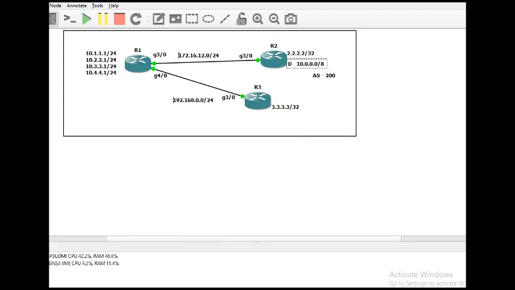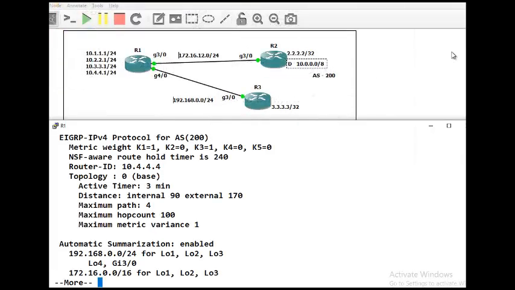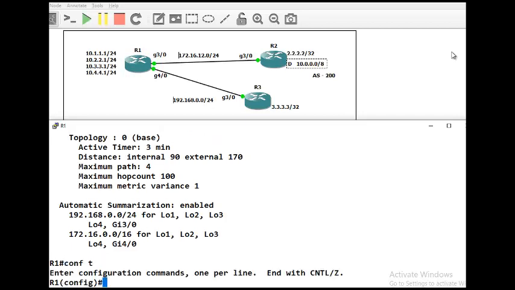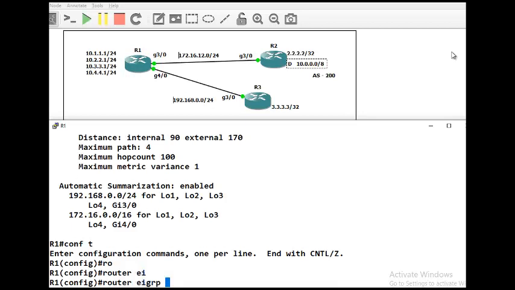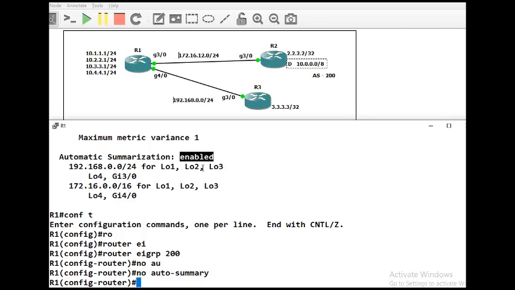How do you achieve that? Let's go and cancel summarization in R1 first. I'll go here and say router EIGRP 200, no auto-summary. I cancelled what I enabled earlier.